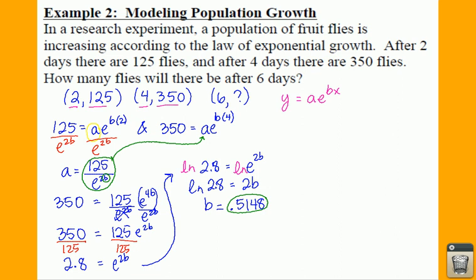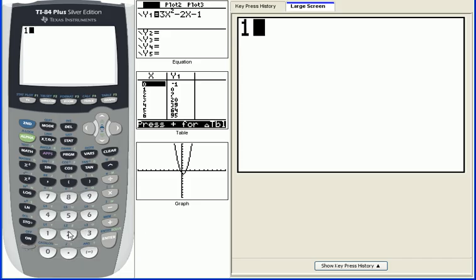So that's going to give us a is equal to 125 all over e to the power of 2 times 0.5148. And remember, you can do this all on your calculator. You don't have to get all crazy here, but let's take 125 and divide this by base e.